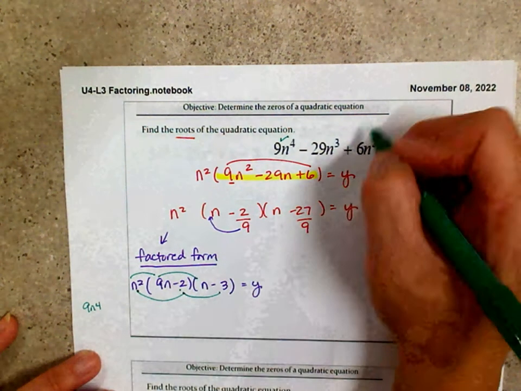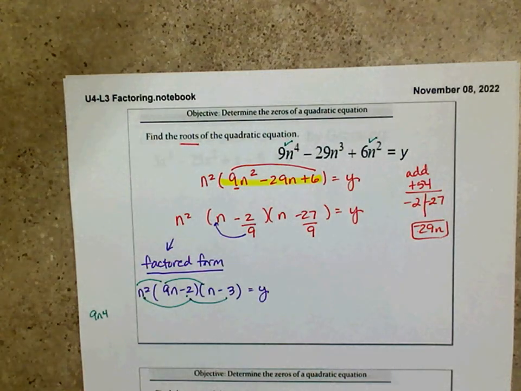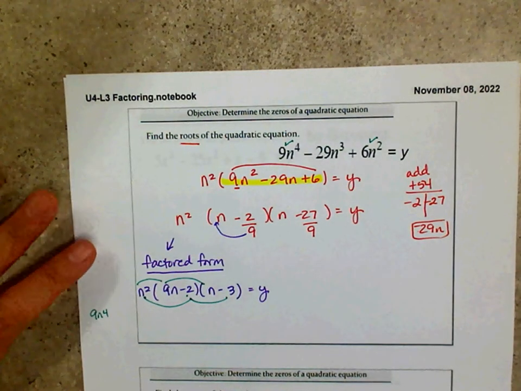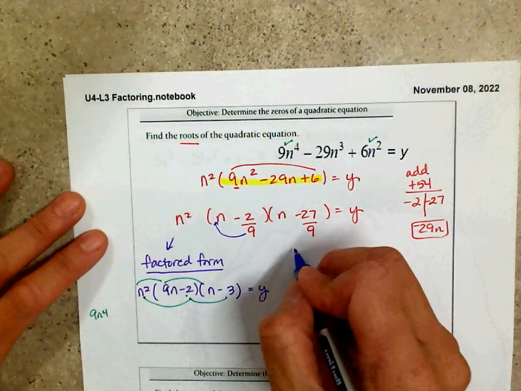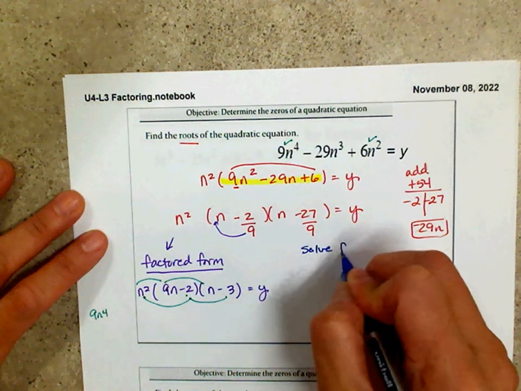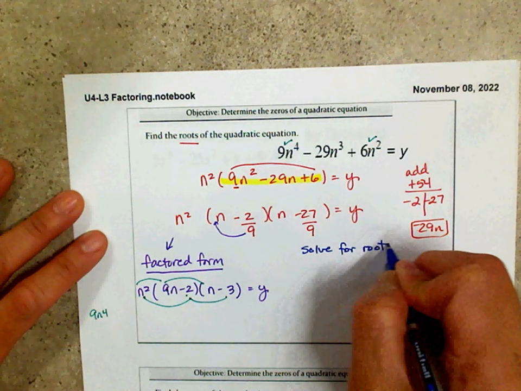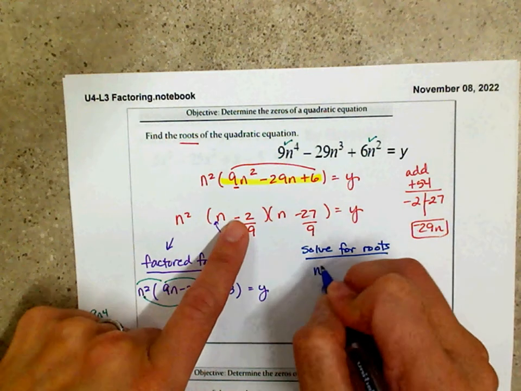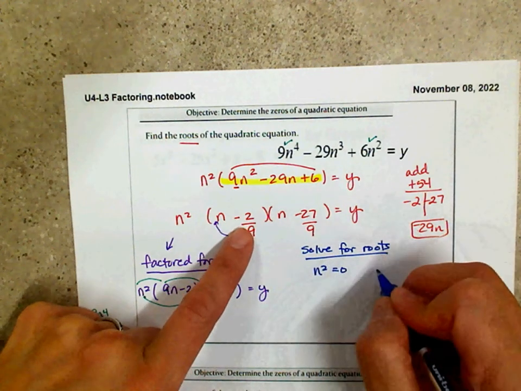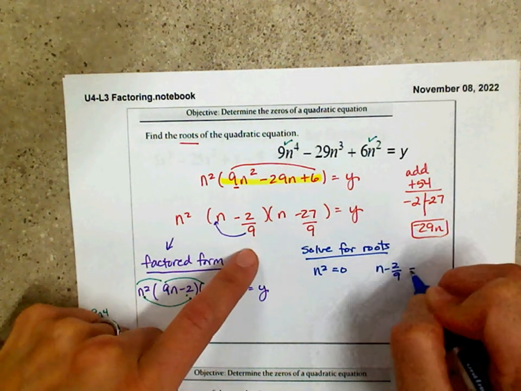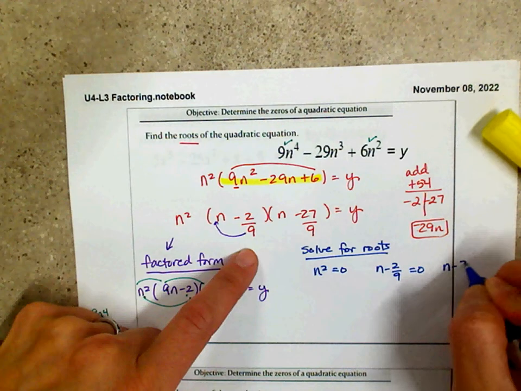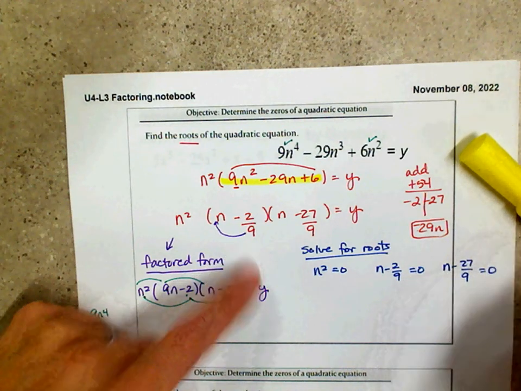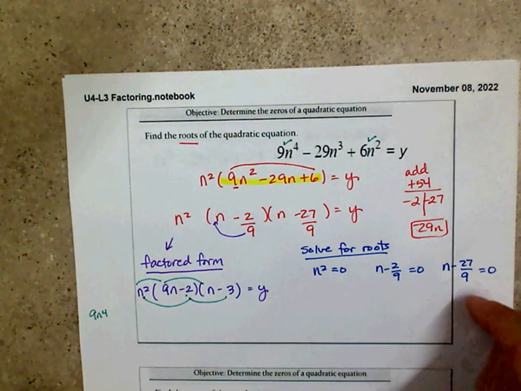All right. Now, here is if I am to solve for roots. I can use this, or I can use this. So n squared equals 0. 9n minus 2 equals 0. n minus 3 equals 0. See how you're solving for roots? Okay, square root of 0 is 0.